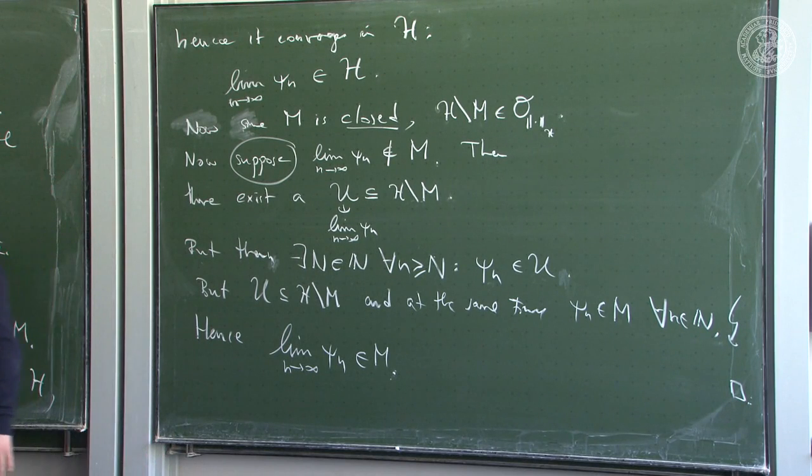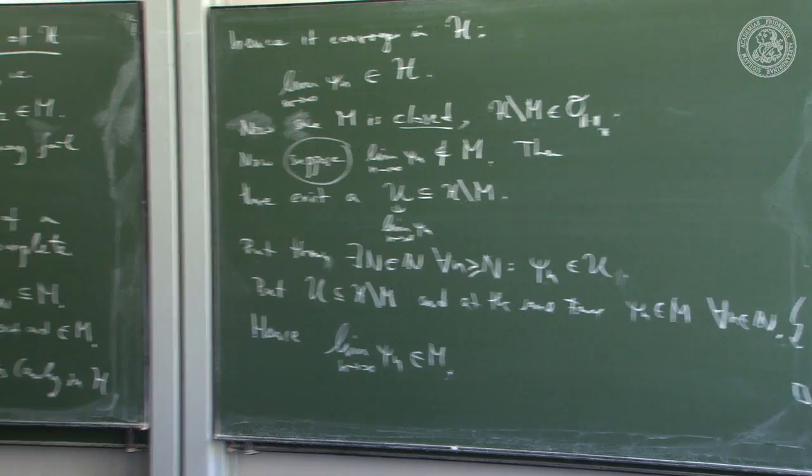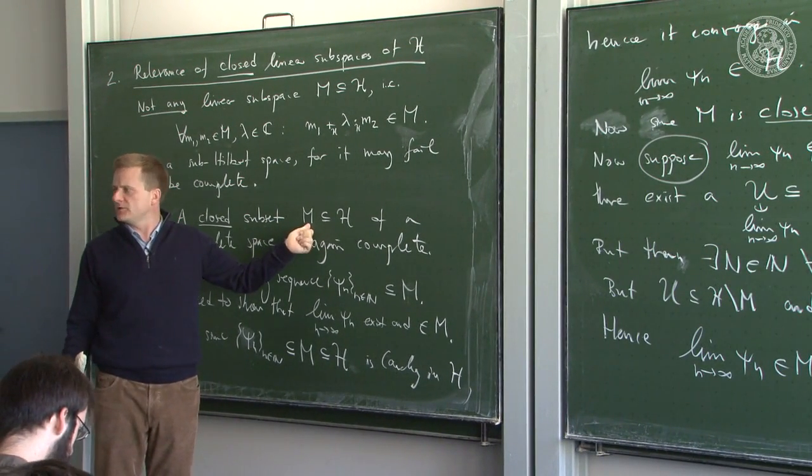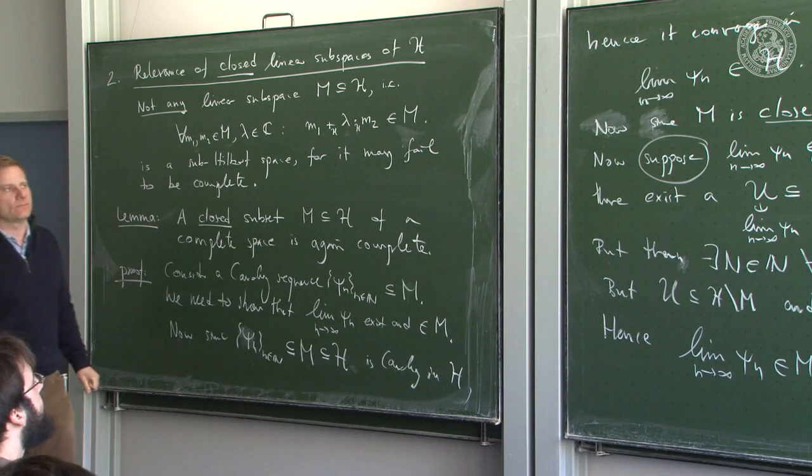It's a very simple topological fact based only on the definition of closed subset and the definition of convergence with respect to a topology. Okay? So all is fine if in addition we require this linear subspace to be a closed linear subspace in the sense of topology, namely that its complement is open.